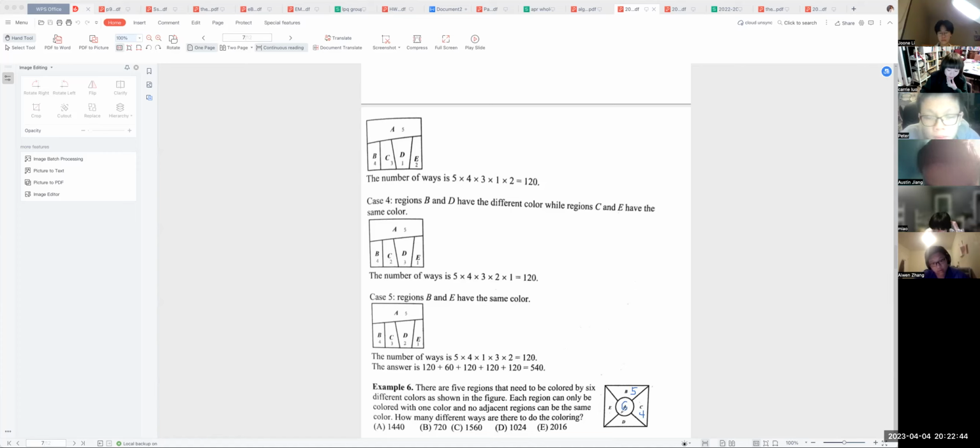But unfortunately for this one, they didn't say that the color can be used more than once or anything like that. Okay, when we're talking about D, we actually need to discuss D. Why? Because D could be the same color as B, or D could be a different color from B. If D has a different color from B, D only has 3 options.